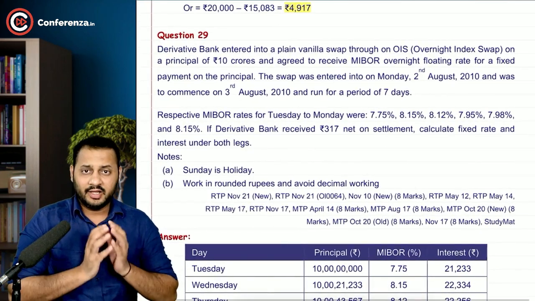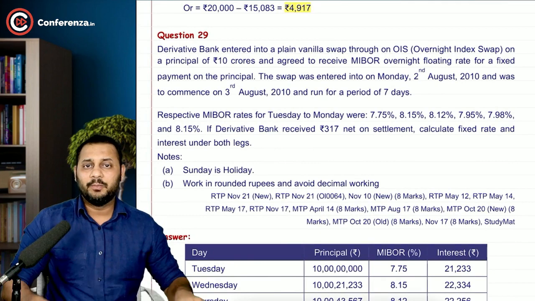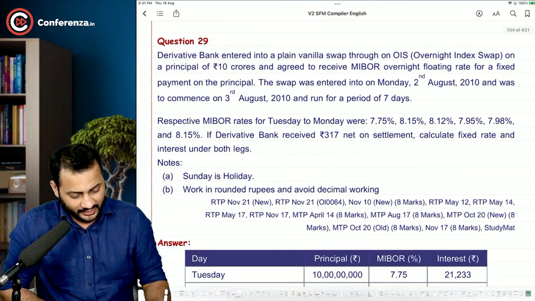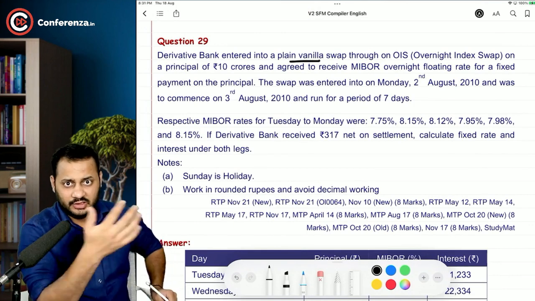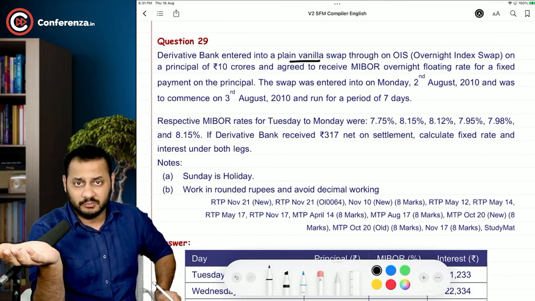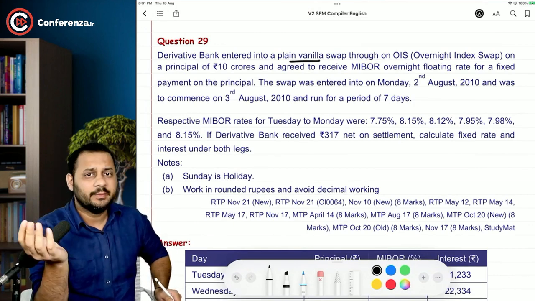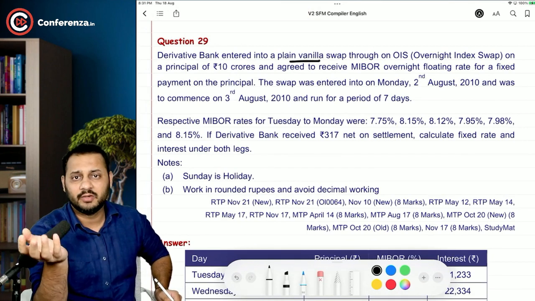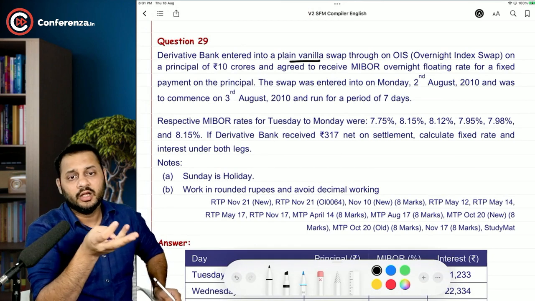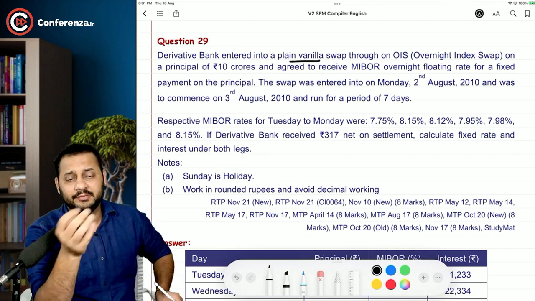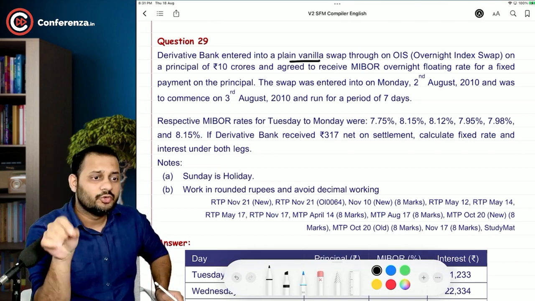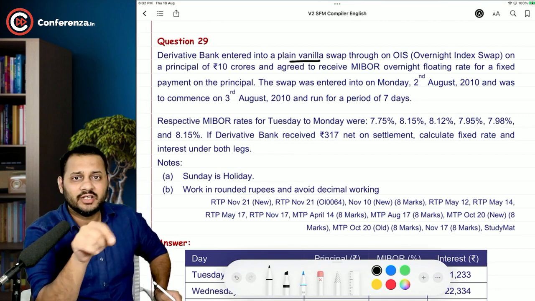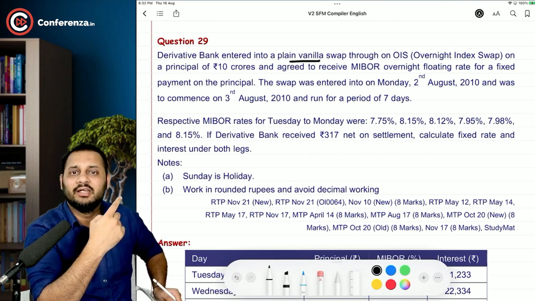Now, a derivative bank entered into a plain vanilla swap. Plain vanilla. I will tell you why the name is vanilla. Just imagine the types of ice cream that you get in the market. There are many types of ice cream available: mango, strawberry, mixtures, there are various available. But the root or the start of ice cream always starts with vanilla ice cream.